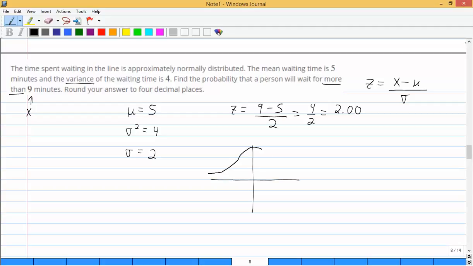So if I had a z-score equal to 2.00, I'm looking for the area to the right of that. So I'm going to say 1 minus the area that's given in the table. So I need to use table C, go to 2.00, that's going to be 0.9772.